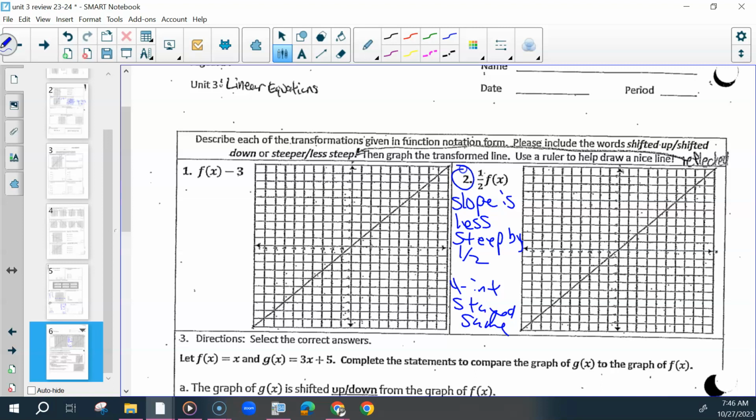This one we have to graph a line. So if the y-intercept stayed the same, you're going to plot it at the same point, 0, 0. What would be our new slope?